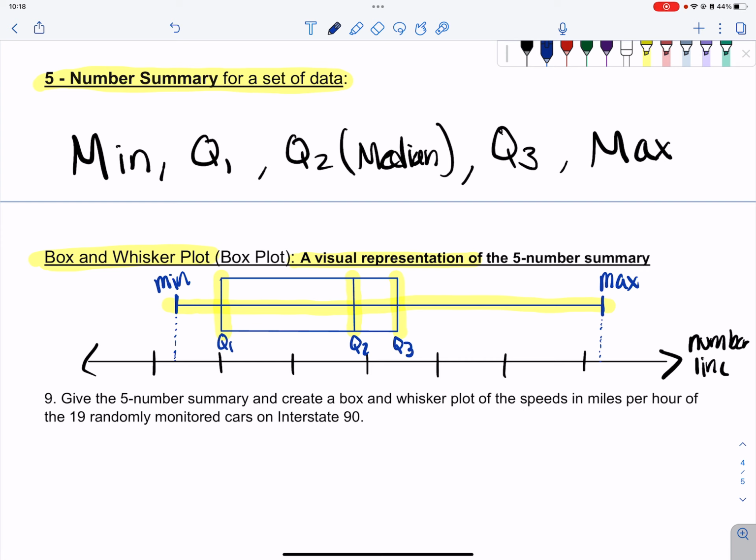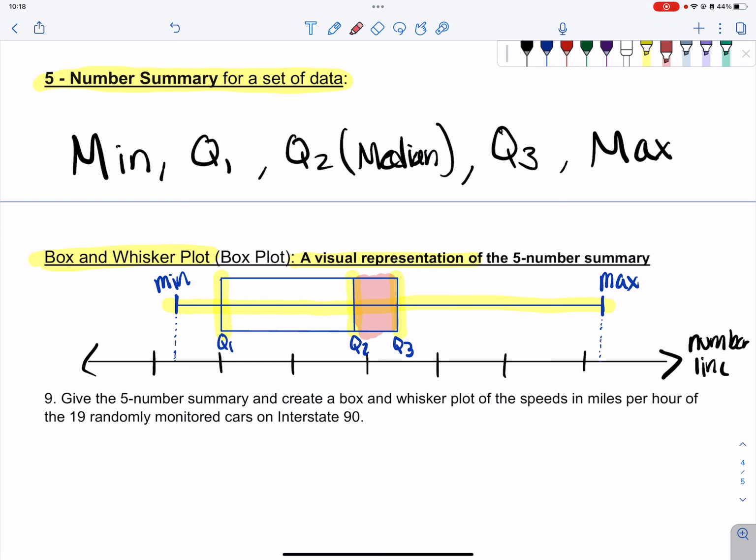So that's essentially what the box and whisker plot tells us. And now this visual representation gives us a little bit of info about where the data is at and how close together those data values are within these regions. So looking at this example that I drew here, our distance between Q2 and Q3 is very small.